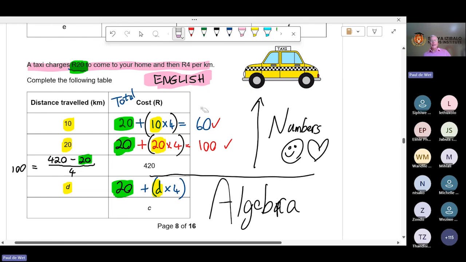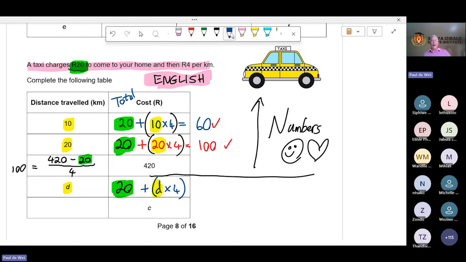Okay. Now, there's just one thing that I want to tell you with the algebra. When we write d times by 4, the way we write that shorthand is we write 4d. 4d means 4 times d. So 20 plus 4d. Okay, some of you have written 4d plus 20. Perfect as well.